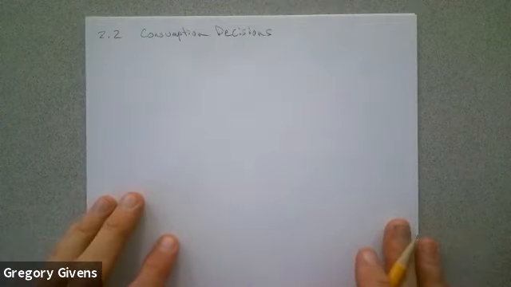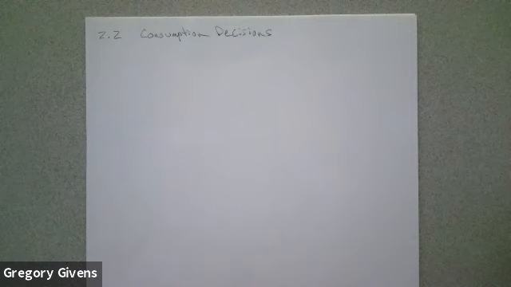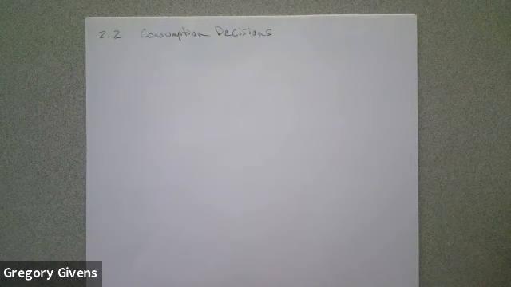Okay, let's talk about the consumption and savings decision then of individuals in this economy. What we're going to do is work through the consumption and savings decision of a representative type of individual that is born into this world at date t. Everyone has the same type of preferences.